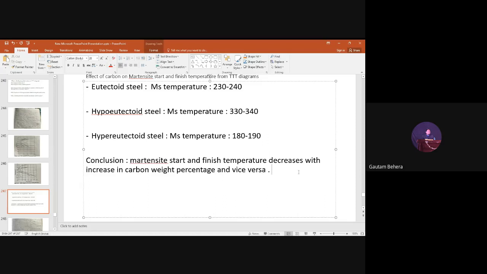If we have a high carbon steel, then MS temperature and MF temperature go below room temperature, sometimes to a sub-zero range, or just near the sub-zero range. So what will happen? Even if you are quenching the steel to room temperature or below room temperature, you still have some retained austenite, because the martensite start temperature will be reached, but maybe the martensite finish temperature will not be reached, right?